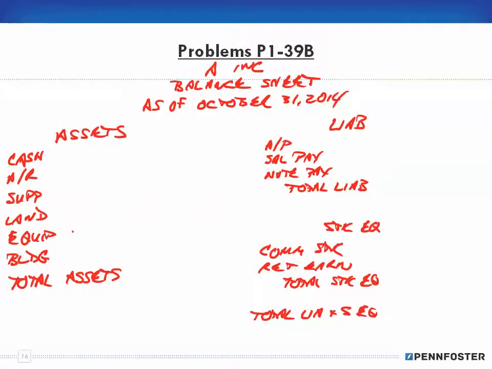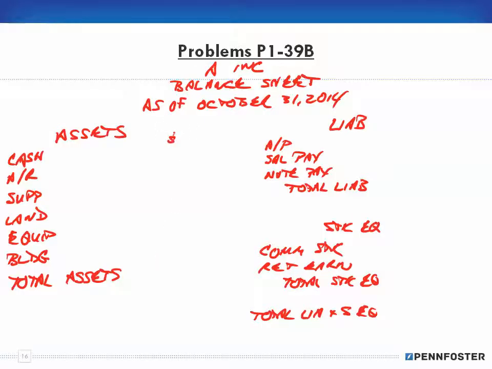Okay, so now that I have all of my accounts listed and the different calculations, it's time for me to put in the numbers. Since I only have one calculation here to get the total assets, all I'm going to do is just list the numbers in one column, all right?